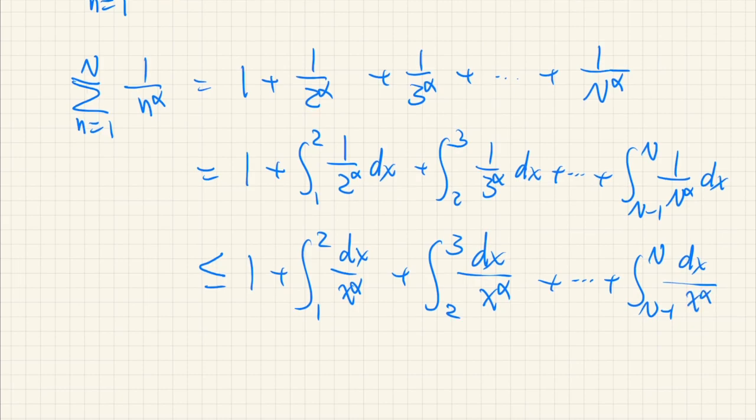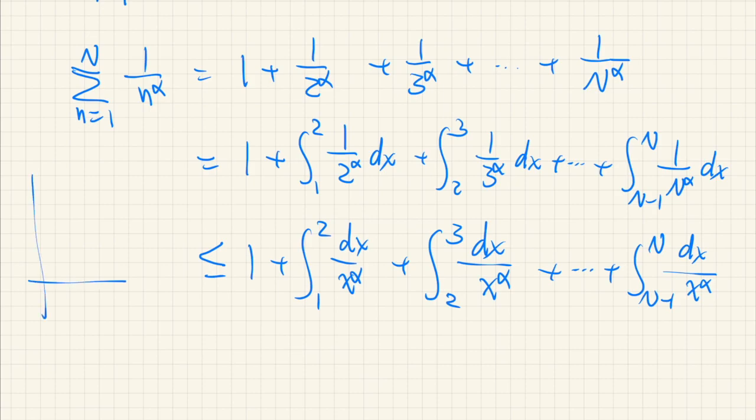This is because if you draw the graph of this function, it looks like this. So this is 1 over x to the alpha. For example, if we take the interval between 1 and 2, 1 over 2 to the power of alpha is this. And this graph is always above this value, right?